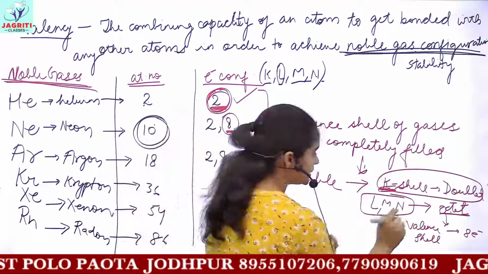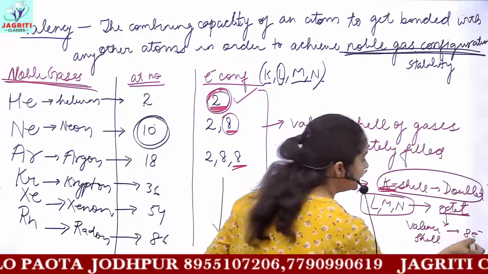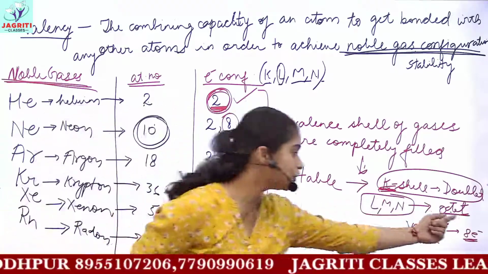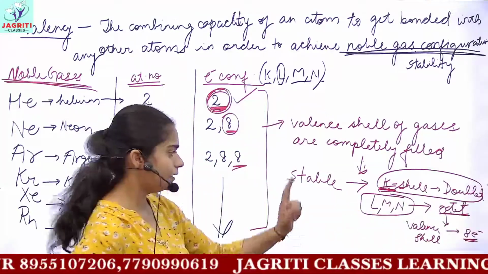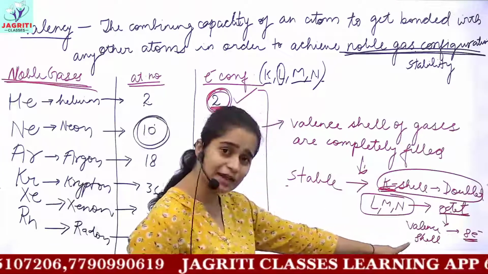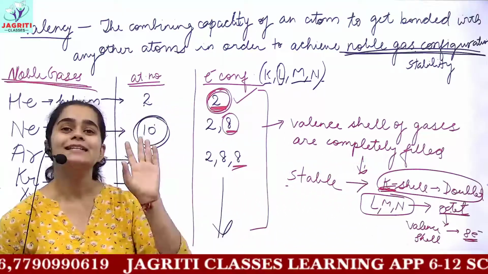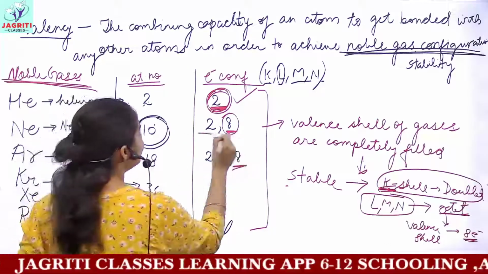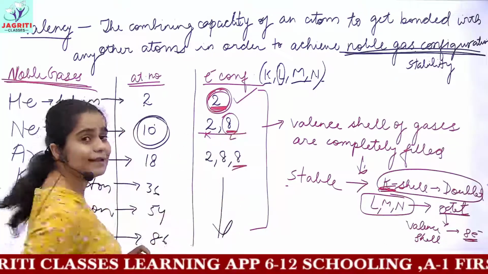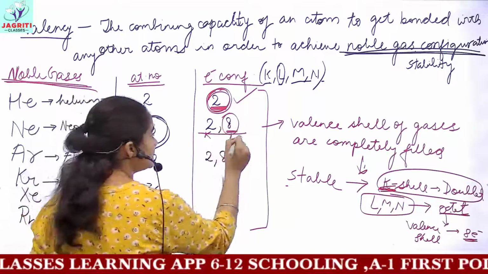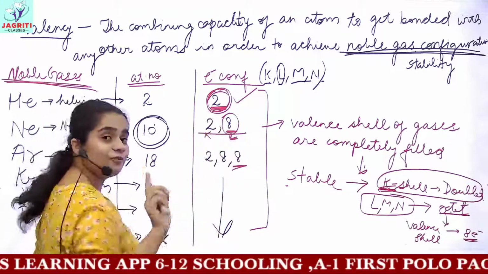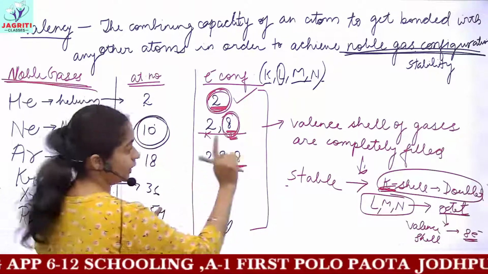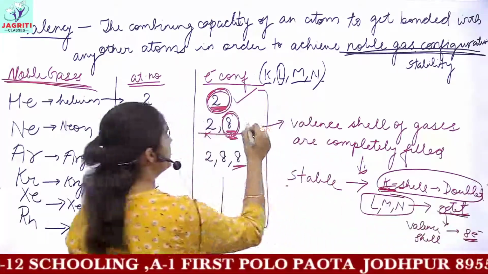And if you have 8 electrons in the valence shell, then the compound will be stable. So let's see, valence means outermost shell. This is your K shell, this is your L shell. The outermost shell is L, and you have how many electrons? 8 electrons. So according to the octet rule, this would be stable.